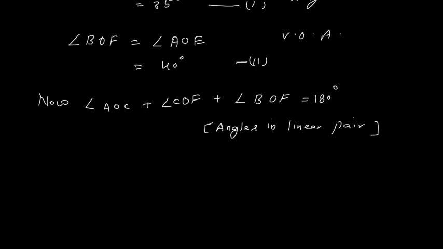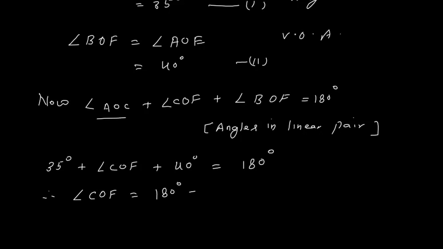Now angle AOC we have found is 35 degree, therefore 35 degree plus angle COF plus this BOF, which is 40 degree, is equal to 180 degree. Therefore 40 plus 35 is 75 degree, so that will move to the right hand side. So angle COF is equal to 180 degree minus 75 degree, which is 105 degree.